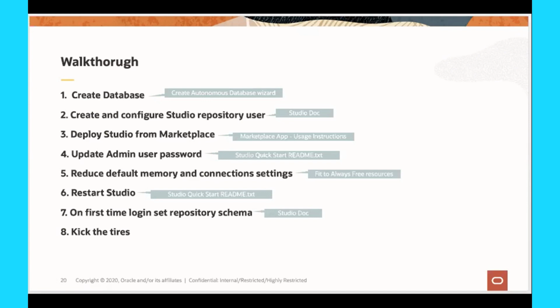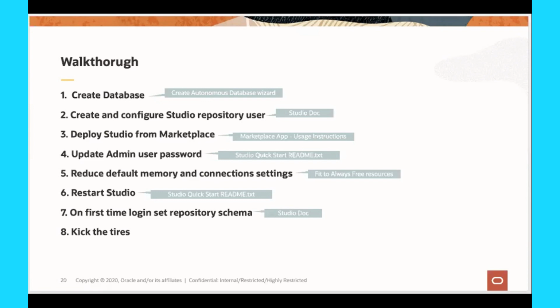Then, as the README describes in the Quick Start itself, just from a best practices perspective, we're going to update the default password that comes with Studio, because the first thing you want to do is put a password of your own in there. Following that, we're going to recognize the fact that this free compute shape is very, very small, so we're going to lower some of the default settings so that they can live within this small free compute shape.